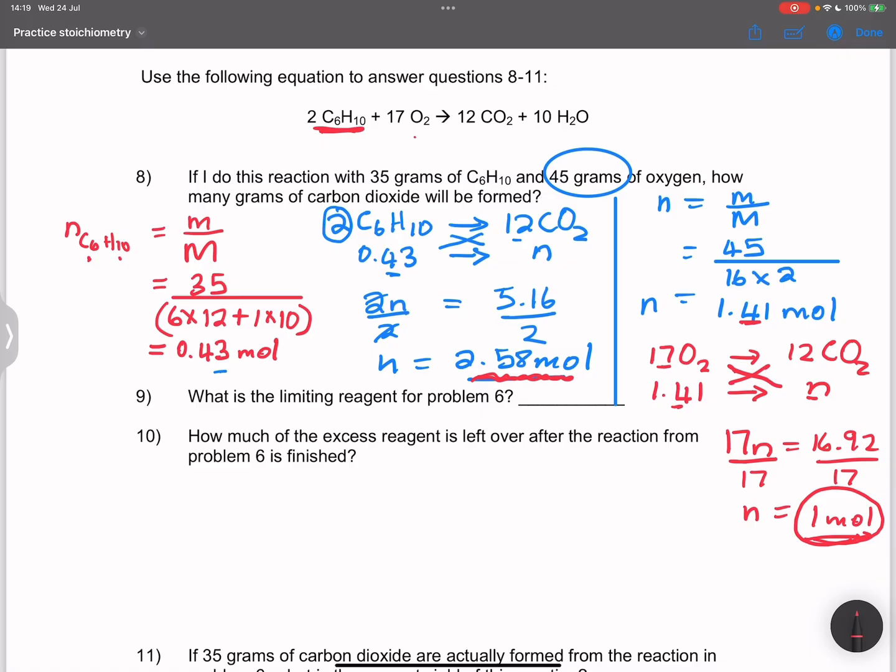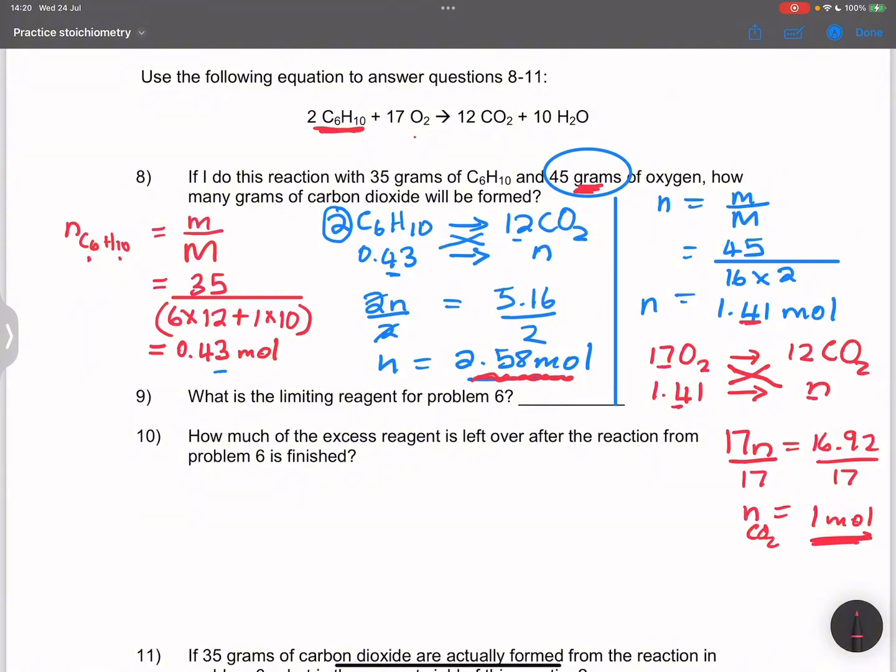We would like to produce more, but oxygen cannot produce more than 1 mole. So you can see that the number of moles of carbon dioxide we produce is less when we use oxygen as our limiting reagent, even though seemingly it had more grams. But it gave us a limited number in terms of moles.